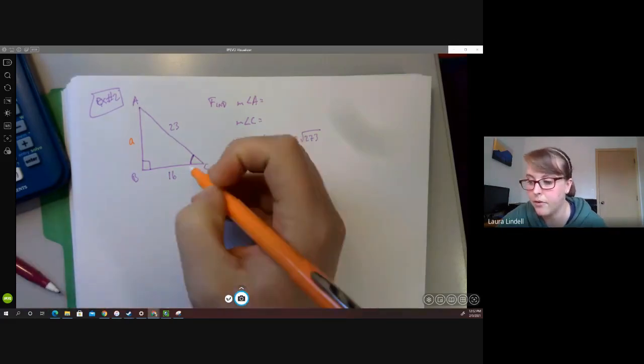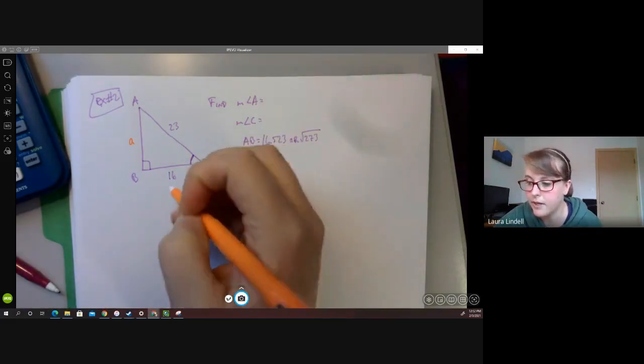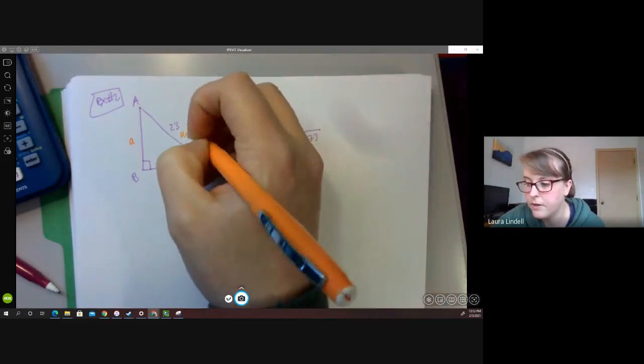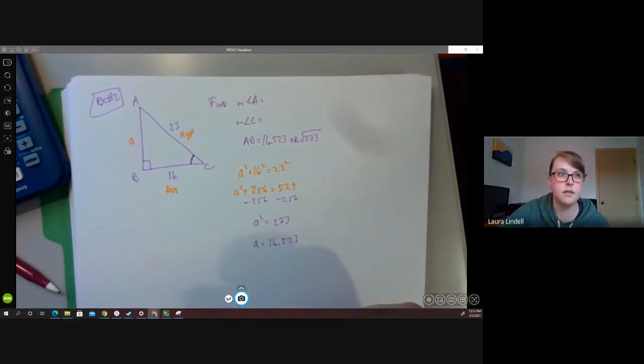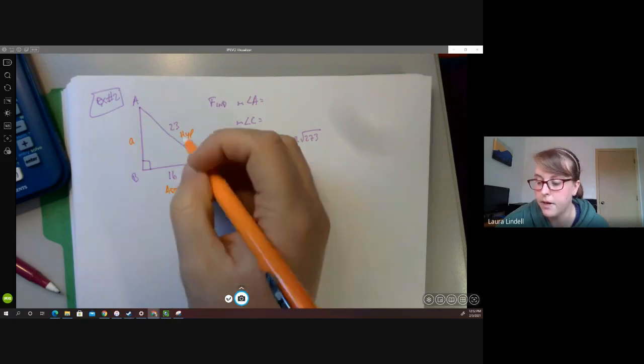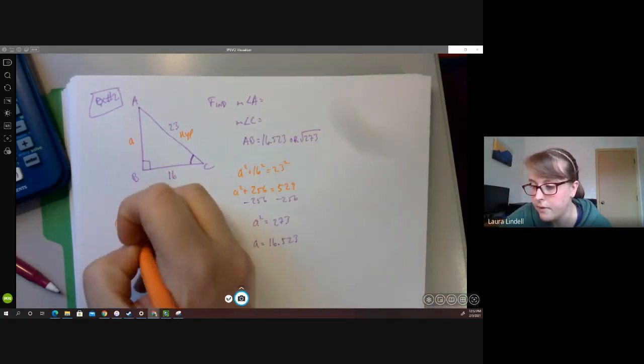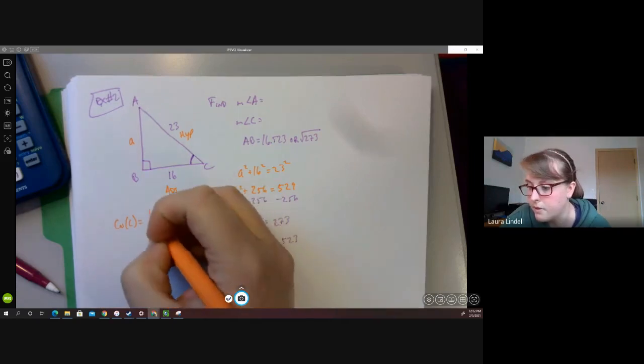So with respect to the angle that we're looking for, we know that 16 is the adjacent, and we know that 23 is the hypotenuse. So if we're looking for the measure of angle C and we're looking for adjacent and hypotenuse, that's going to be cosine. So the cosine of angle C is going to be 16 over 23.